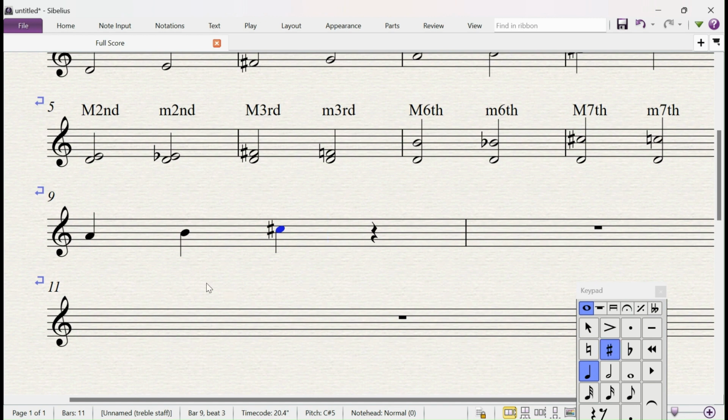So from this first note, A, B, C sharp, do, re, mi, you have a major third. But remember, what happens if I lower it? Remember, A minor is related to C major, so there is no C sharp because C major has no sharps nor flats. A, B, C, that now becomes minor. I have lowered that C sharp from the A major and made it C natural. So it's all related, everything is tied in.